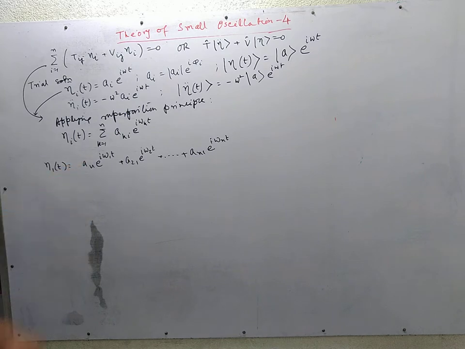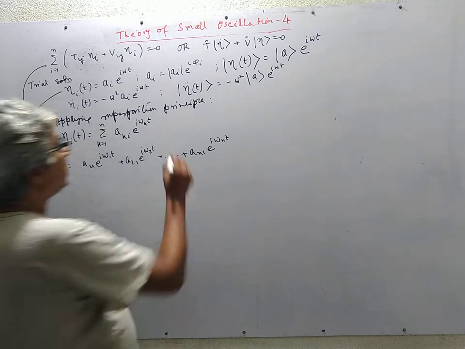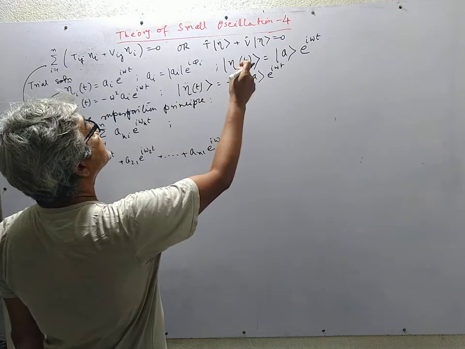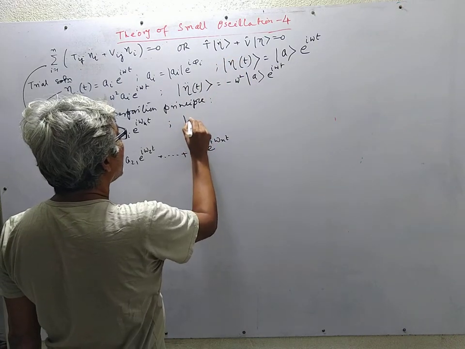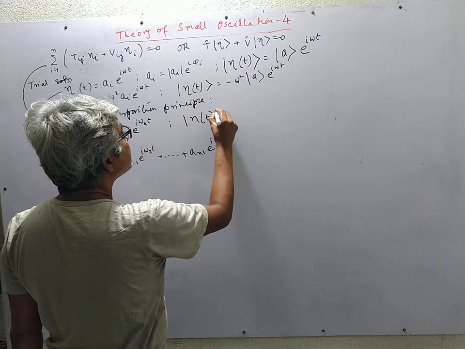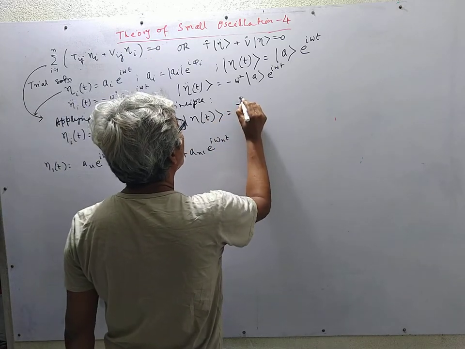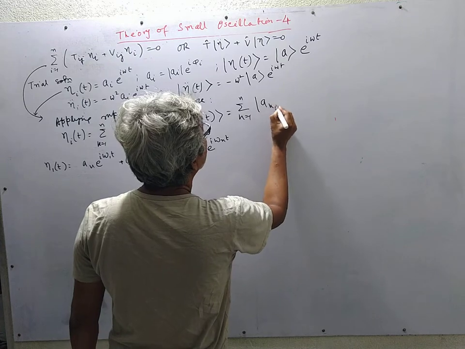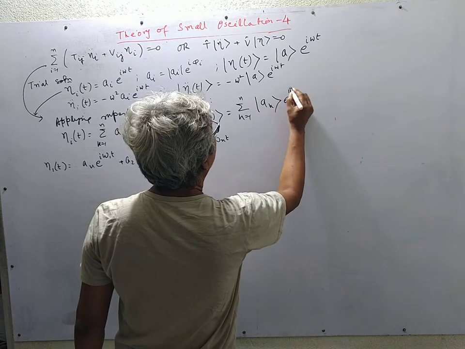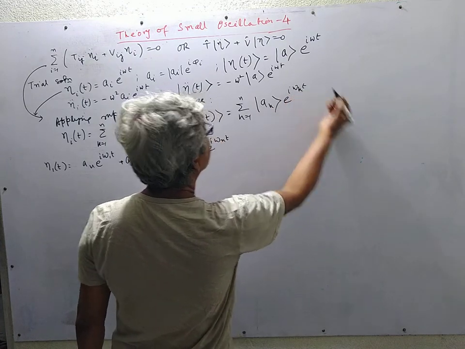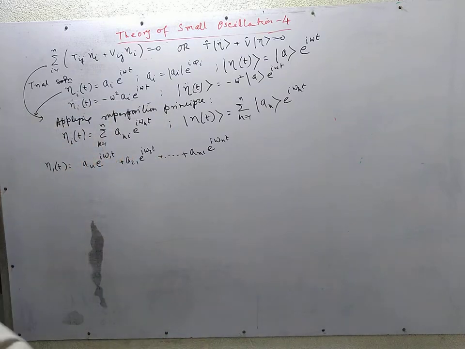And the a's are independent of time. If we write it in matrix form, this equation now reads as the summation over k from 1 to n of a_k e to the power i omega_k t. This is the matrix form.